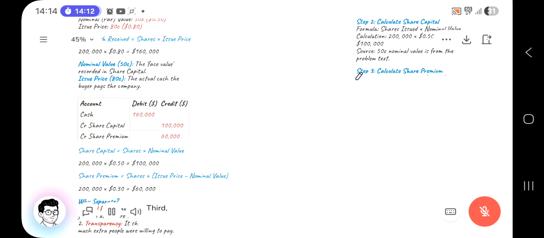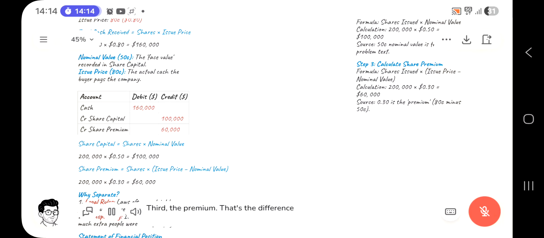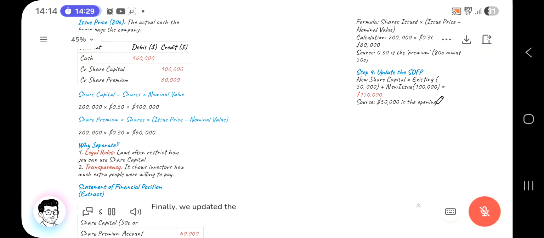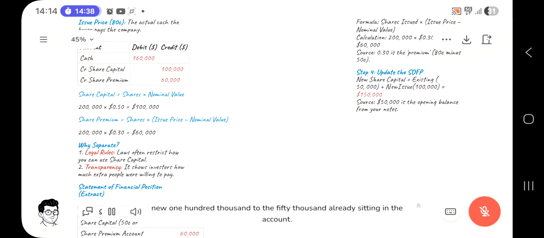Third, the premium. That's the difference between the two prices, 80 cents minus 50 cents, which gives us that $60,000 extra. Finally, we updated the statement of financial position by adding our new 100,000 to the 50,000 already sitting in the account. There you go.